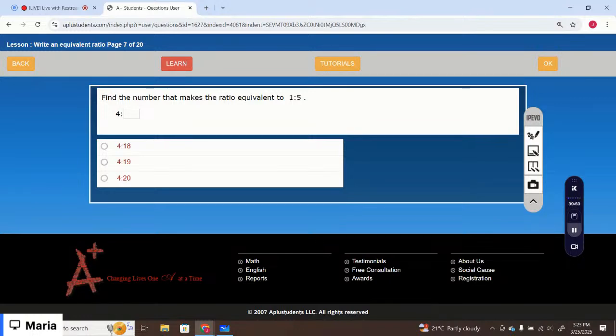So which is the correct option? That is 4:20. Very good. Option number 3 is the correct option.